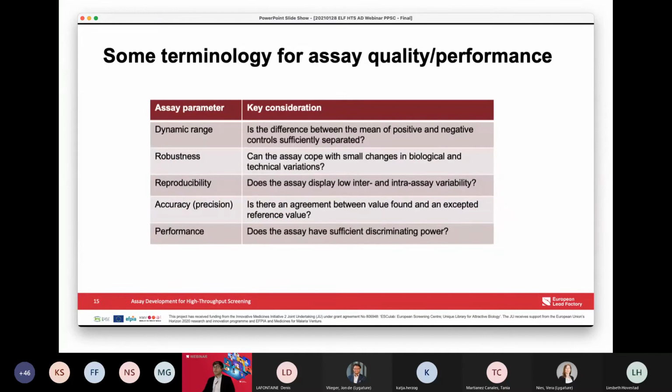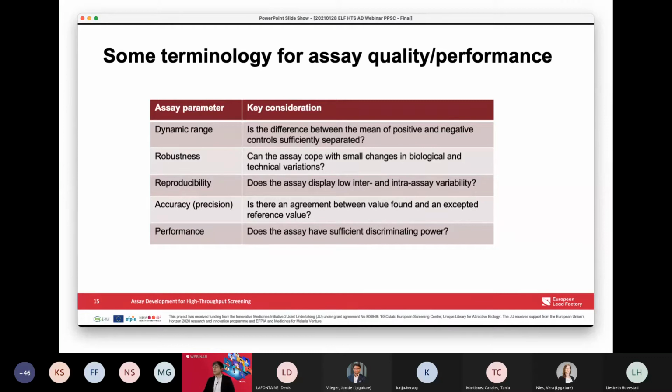In the rest of this talk, I'd like to focus on the conventional frameworks to evaluate assay performance. When we evaluate, for example, dynamic range of the assay, we want to know if there is sufficient separation between the positive and negative controls. With robustness, we want to know if the assay can cope with technical and biological variations present in these assays.